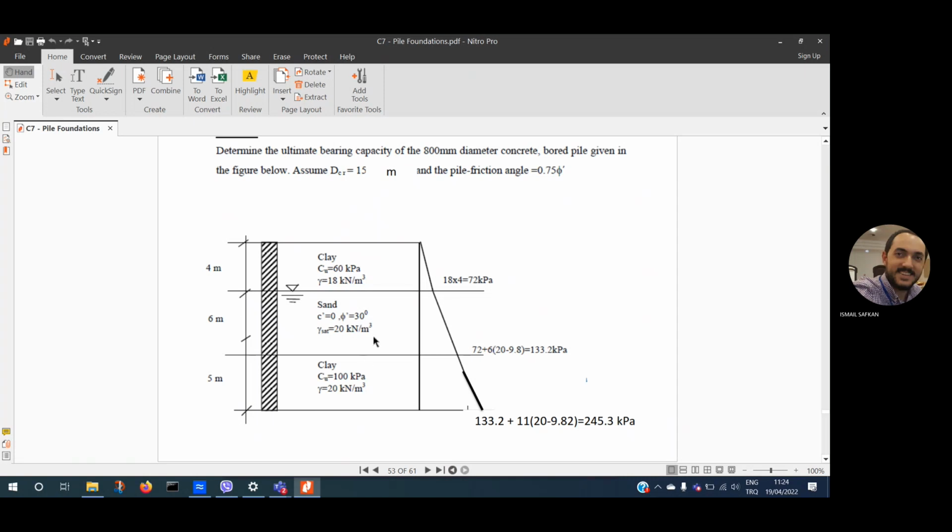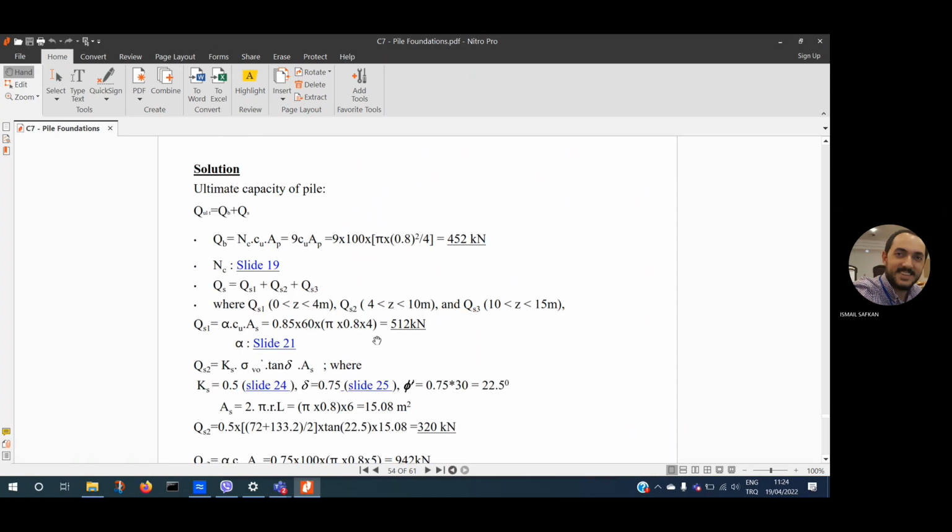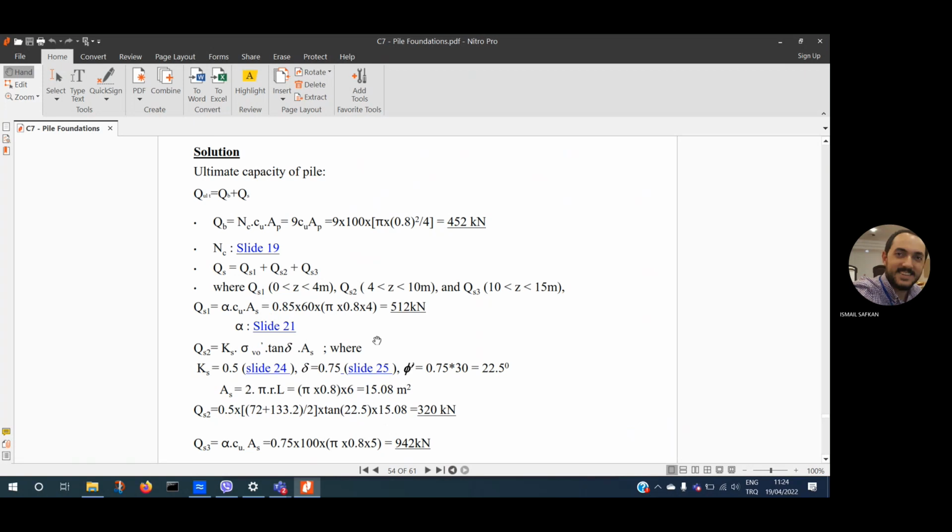We will utilize the internal friction angle and calculate the tan delta. So this is basically delta, not phi. Yes, delta is equal to 0.75 times 30, that's 22.5. Ks is taken from the chart. Remember, it's in between 0.5 and 1. You may select any property in between.